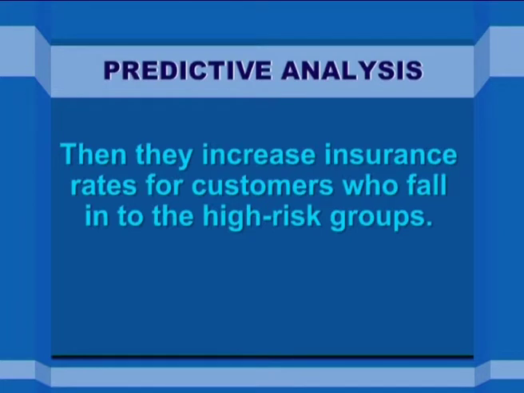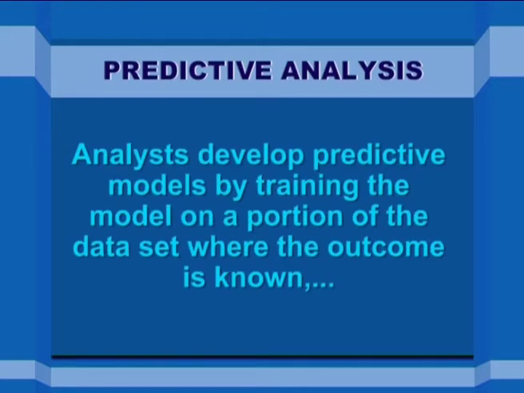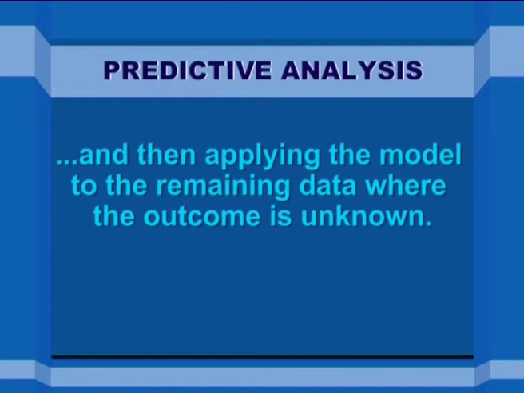Then they increase insurance rates for customers who fall in the high risk groups. Analysts develop predictive models by training the model on a portion of the data set where the outcome is known and then applying the model to the remaining data where the outcome is unknown.